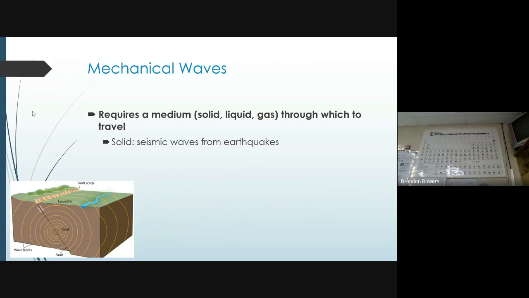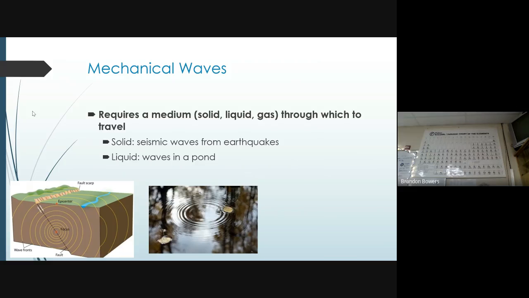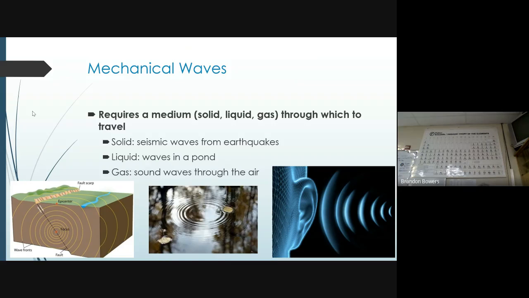Earthquakes travel through the ground. The ground is a solid, so earthquakes are mechanical. Waves in a pond are traveling through a liquid. And sound waves.